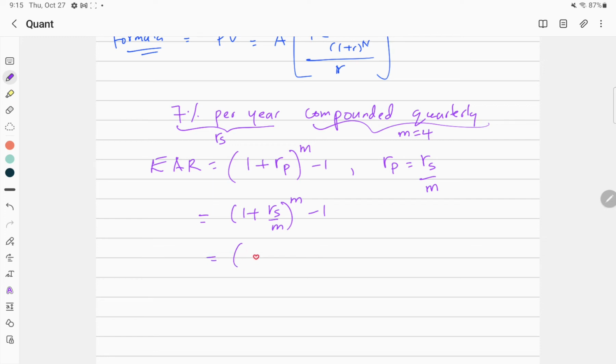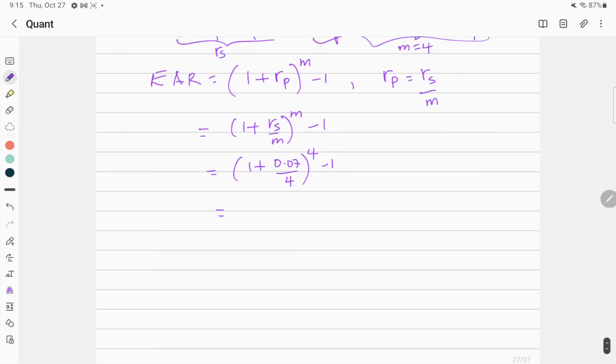This is simply 1 plus our RS, 0.07 compounded quarterly, raised to 4 minus 1. This is simply 1 plus 0.0175 to the power of 4 minus 1. And if you do this, you'll get around 0.07186.